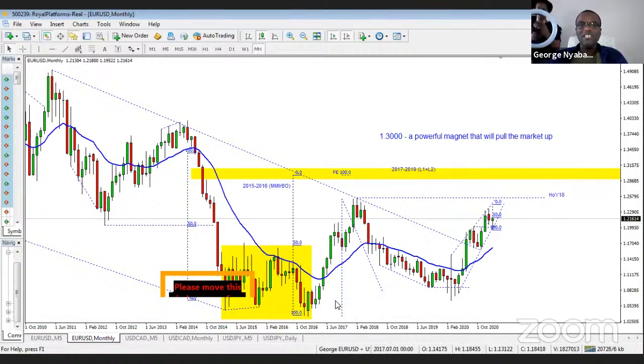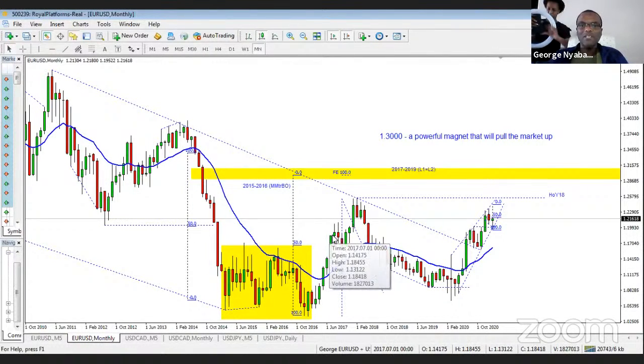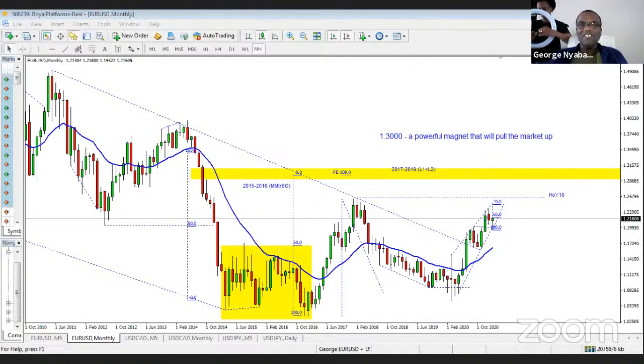So if you'd initiated a long in this area or anywhere in here, and then you had a breakout, you always want to say, well, where are the big institutions likely to take profit? And if I can identify where they're likely to take profit, I can also start to consider where I can most likely take profit in my trading.